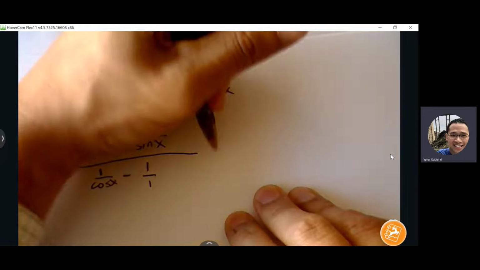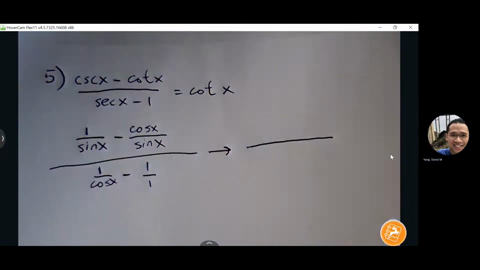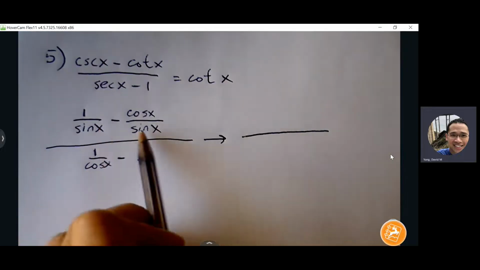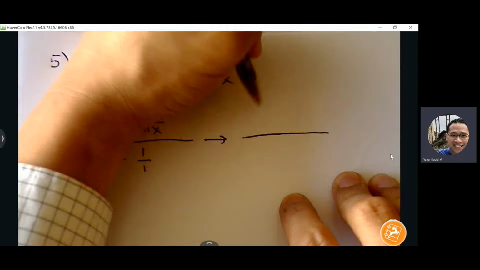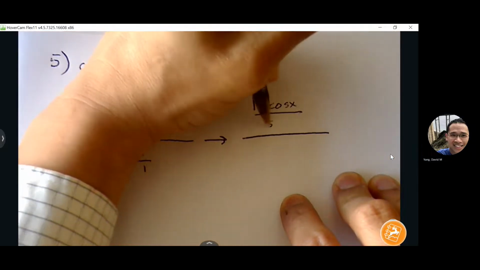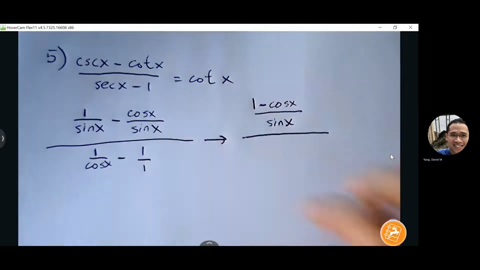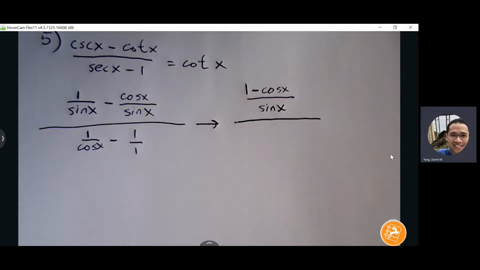Okay, common denominator for my top half is going to be what? The sine x, right? That's nice, right? The denominator is already paired up, so I can just merge that fraction pretty quickly. All right, what about my bottom portion there?